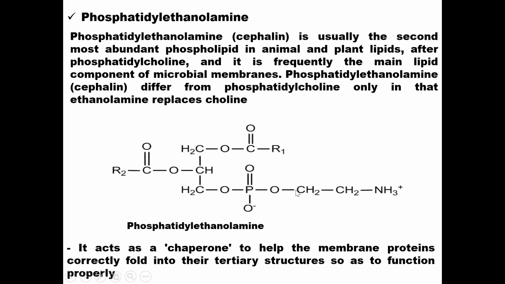In the case of phosphatidylethanolamine, ethanolamine is attached here at the phosphoric acid head group. So this is the phosphatidylethanolamine structure. It acts as a chaperone which helps membrane proteins fold into their tertiary structure so as to function properly. That is one of the most important functions of phosphatidylethanolamine.